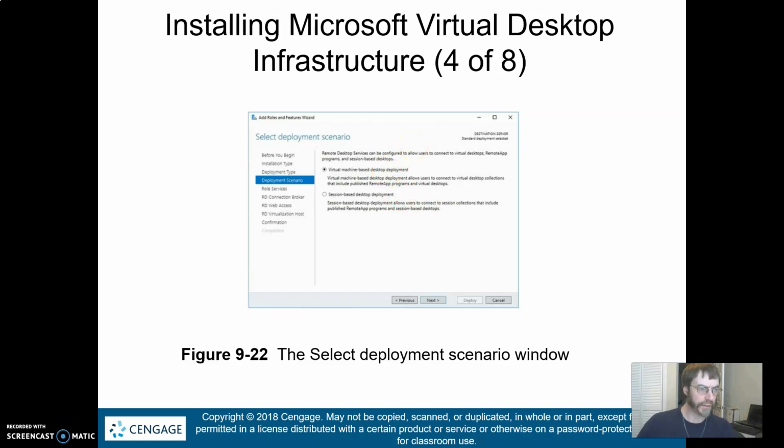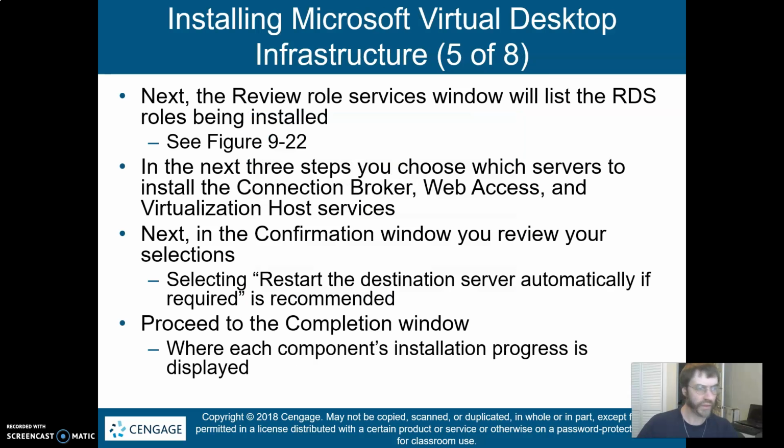Now, we're going to look at role services. You set up your connection broker, your web access, your virtualization host, and then confirm all of that. So we're going to look at your role services window, which will show you which RDS roles are being installed.